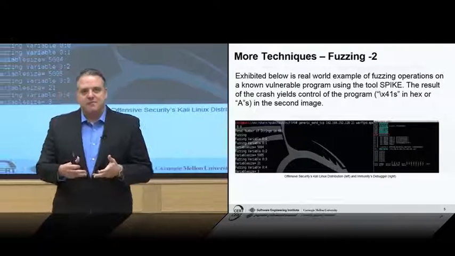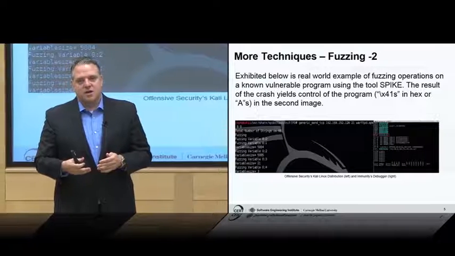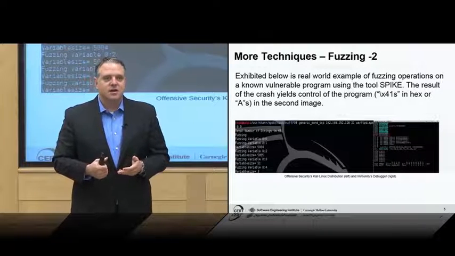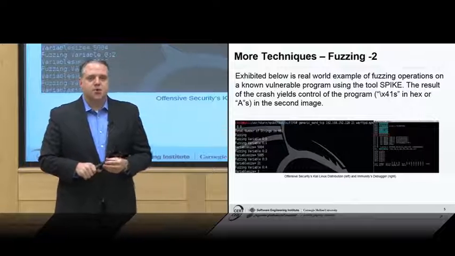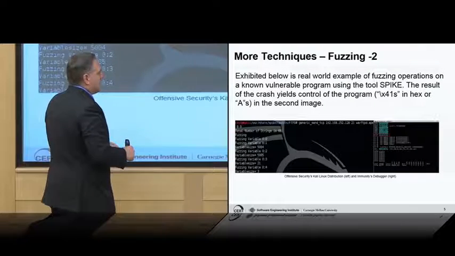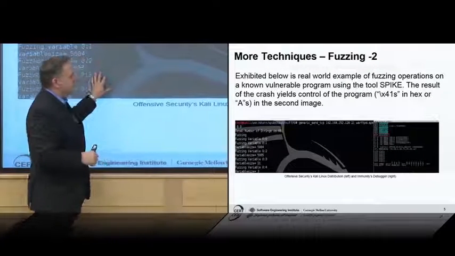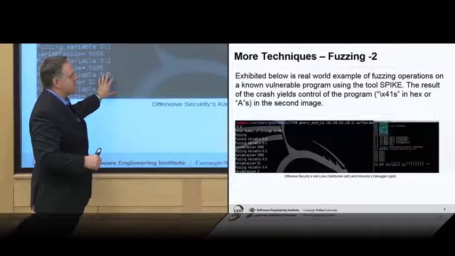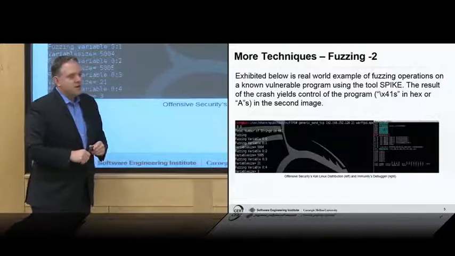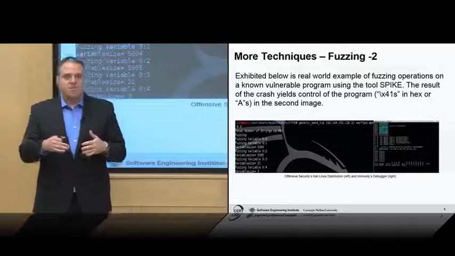So a good example of this, you can find these tools on the Kali Linux distribution from Offensive Security. This is a program called Spike, and here in the screenshot on the left side, we're actually fuzzing an FTP server with a set of known inputs.